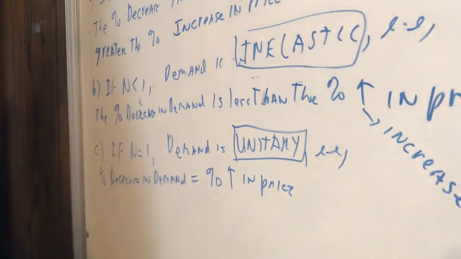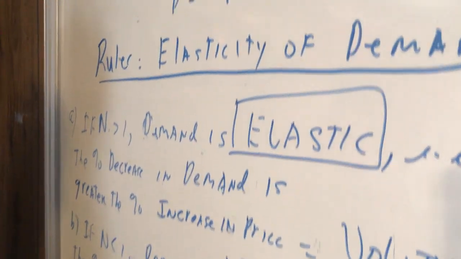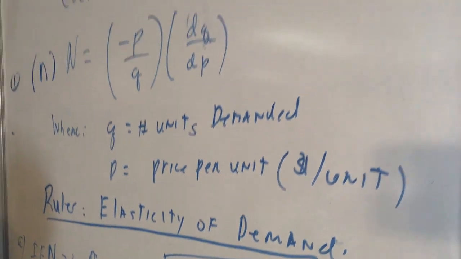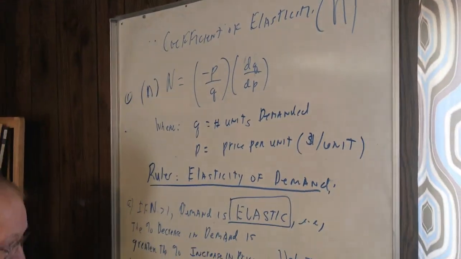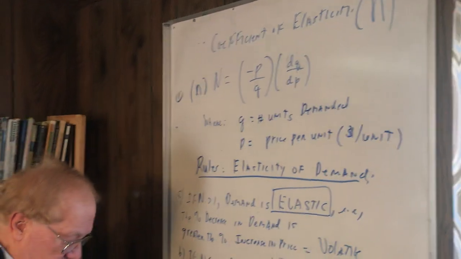So this is the elasticity of demand. Now, what does the elasticity of demand mean? Well, it is not a slope, as we'll see.